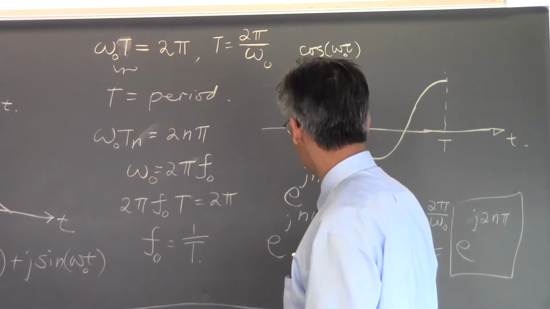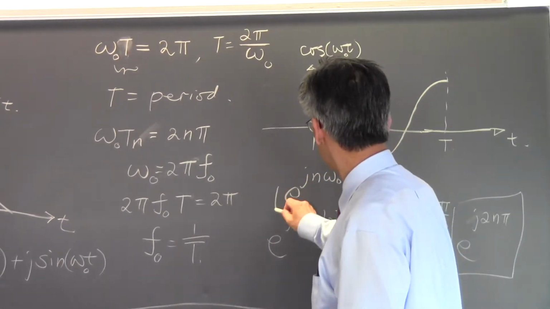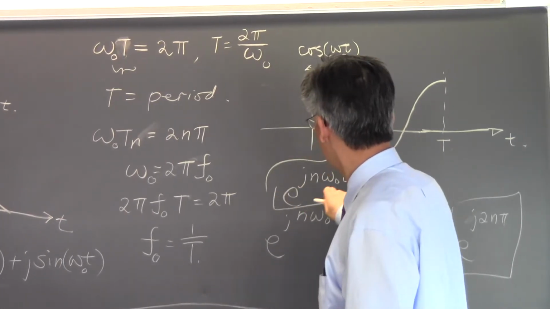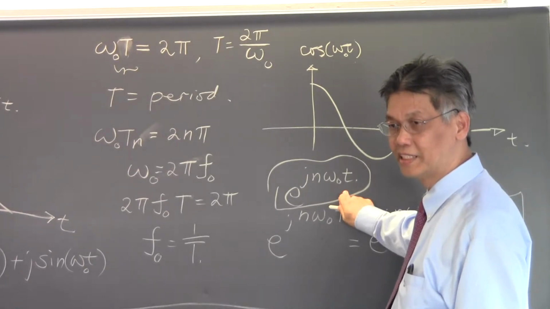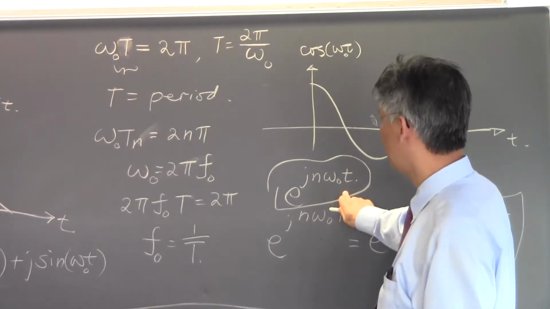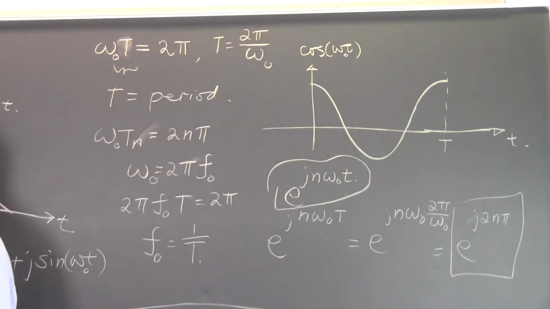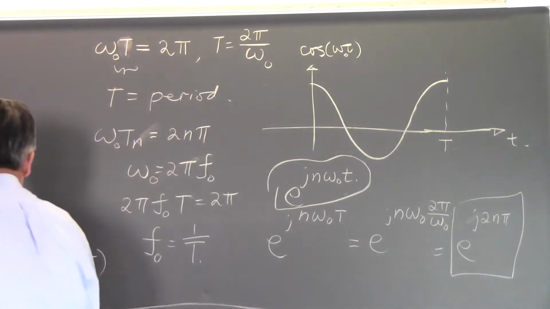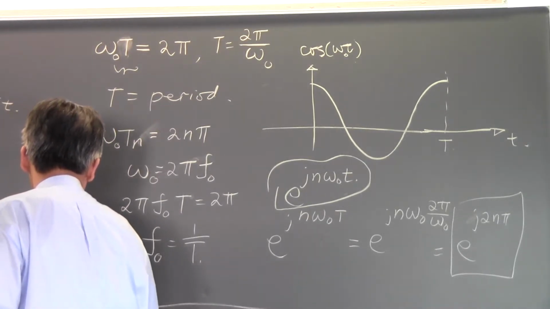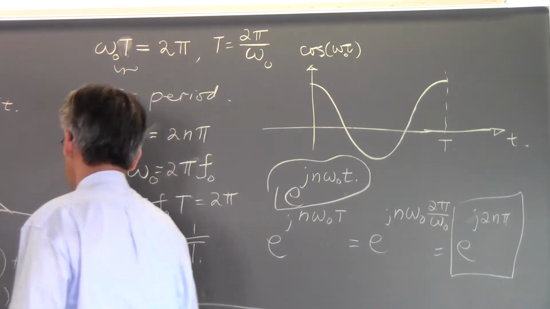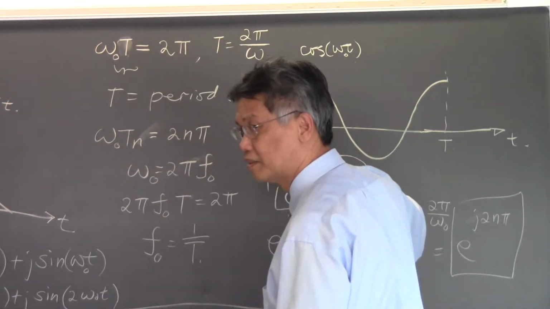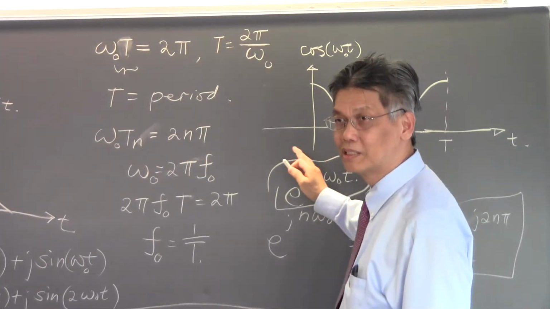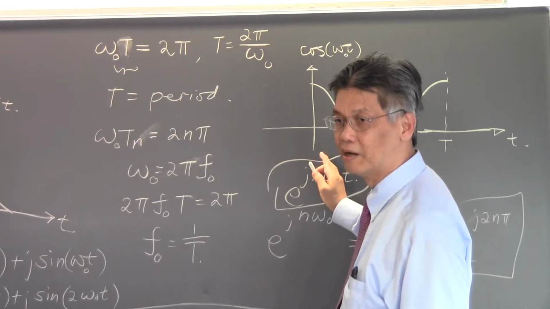So you can see that this other function also repeats itself every T period. But if you were to plot the real part of this function with 2 omega naught t, it will be cosine of 2 omega naught t plus j sine of 2 omega naught t. If I plot it on the same plot, it repeats itself much quicker than the previous plot.